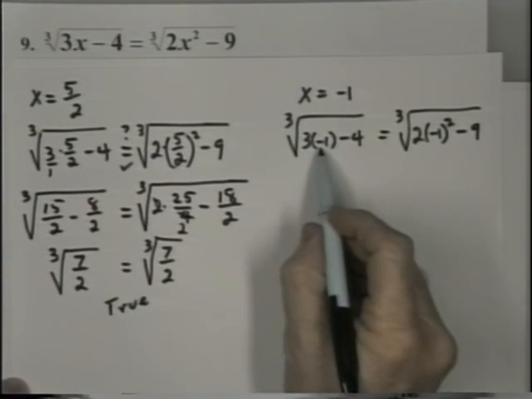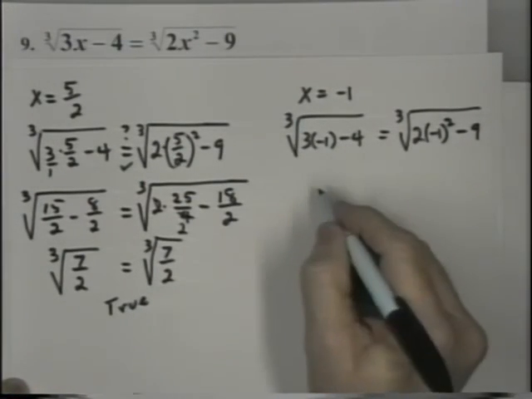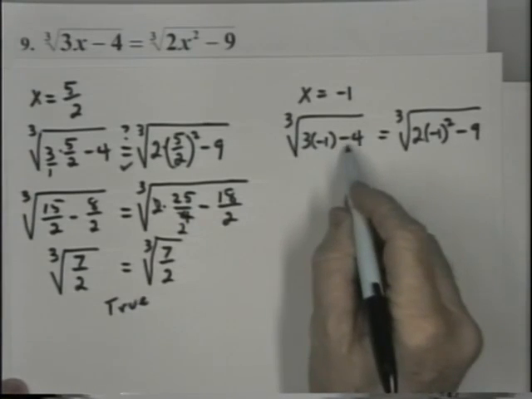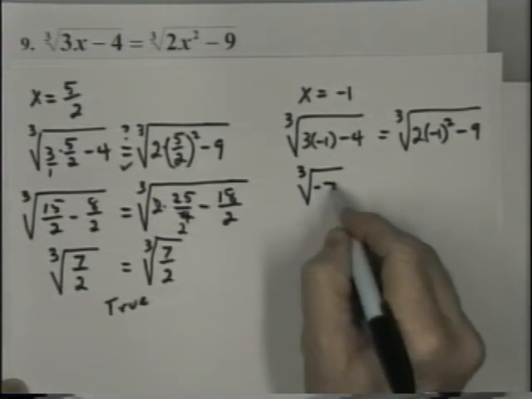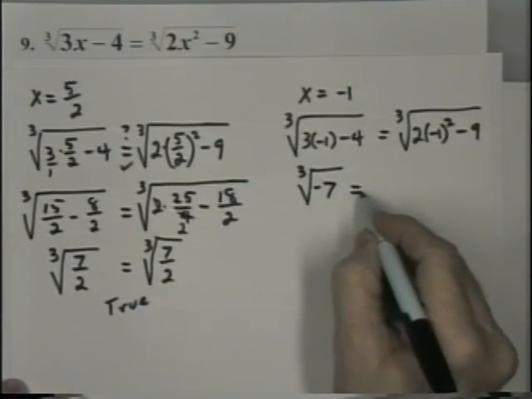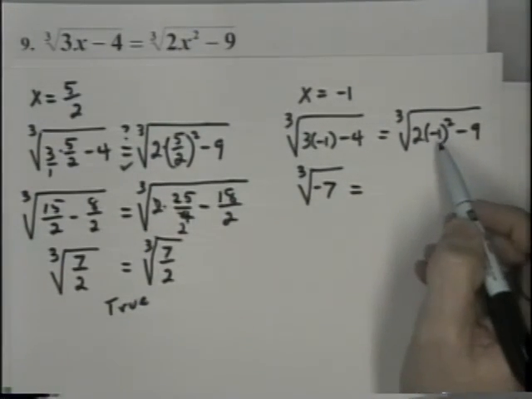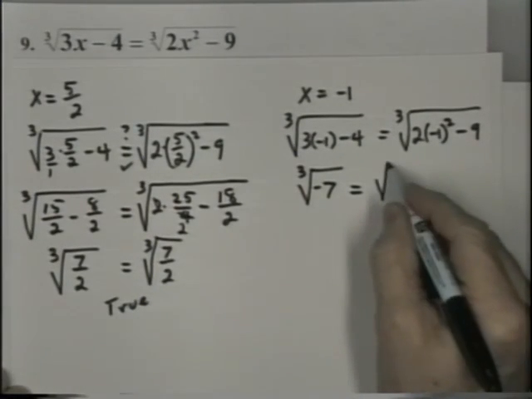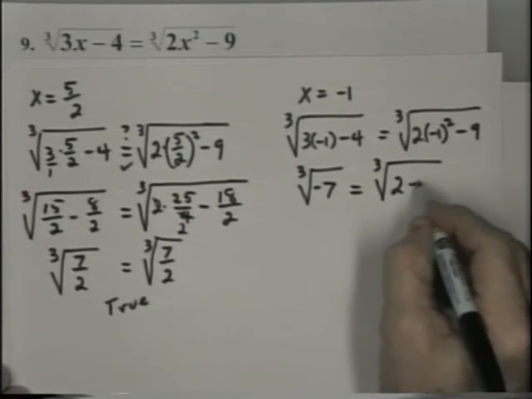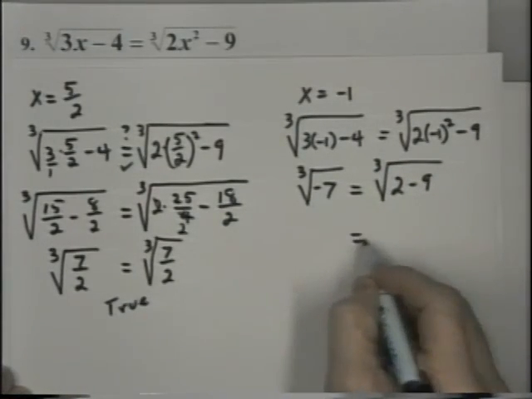Well, that's a negative 3 minus 4, which is a negative 7. It's the cube root of a negative 7. And over here, you square negative 1, that's 1, times 2 is 2. So this side is the cube root of 2 minus 9, which is also negative 7.